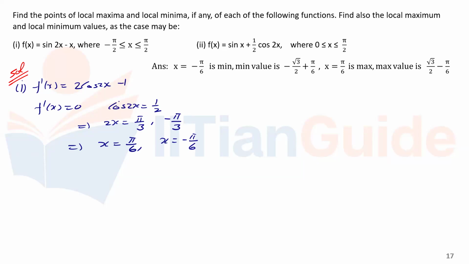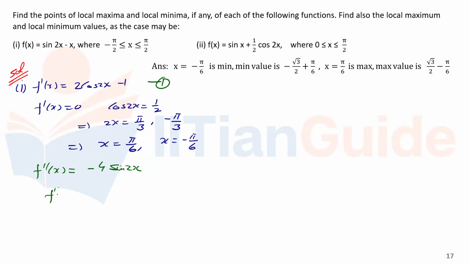So I will calculate the second derivative. Just a minute. Second derivative, I'm going to calculate. This is my equation number 1. F double dash x, I will calculate. That will give me minus 4 sine of 2x. I will calculate the value of the second derivative at pi by 6 and minus pi by 6.